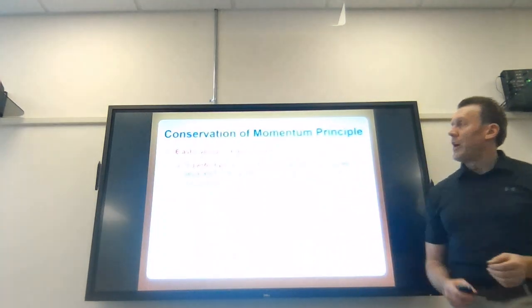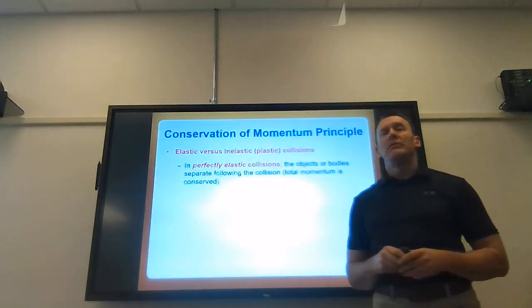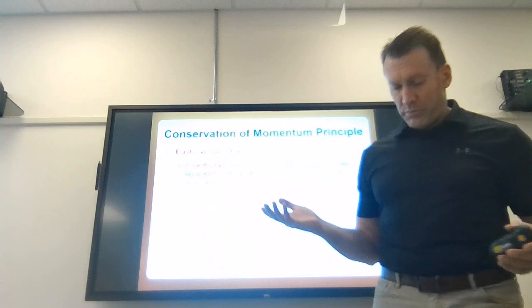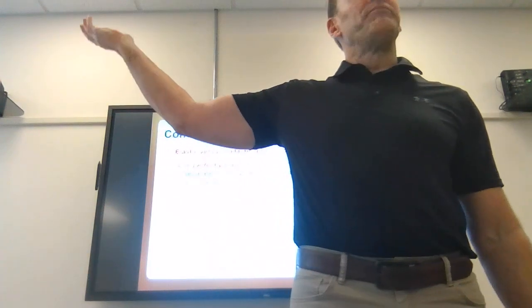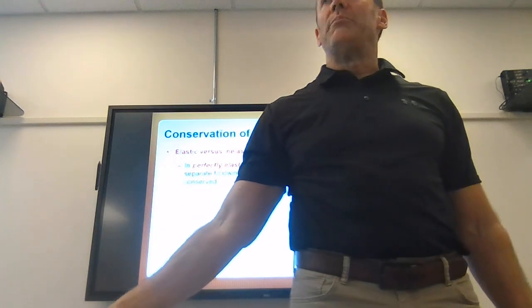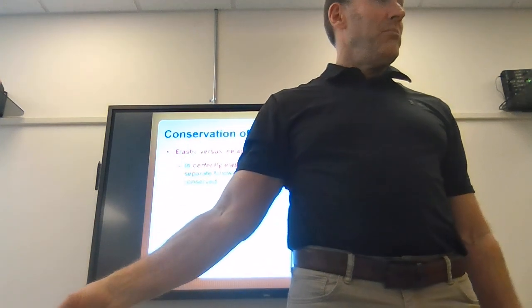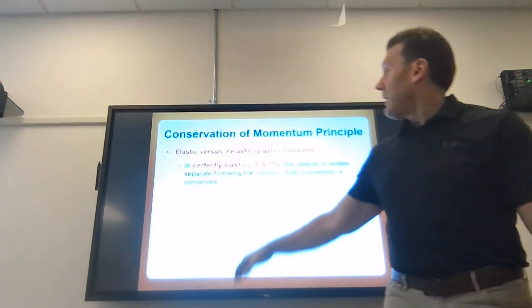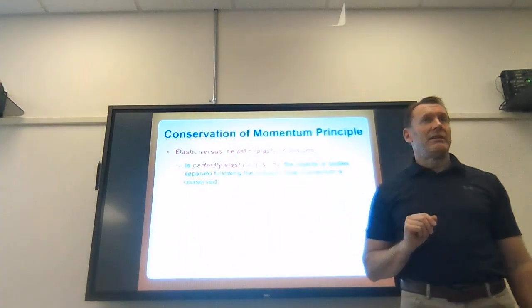So the objects or bodies will separate following the collision. For example, if I was to take a basketball and drop it, and it's going to fall and bounce off the ground, if that basketball bounces to the same height that I dropped it, that's a perfectly elastic collision.